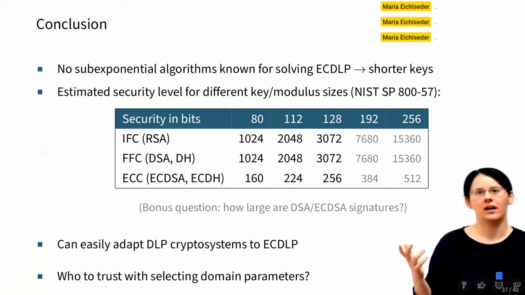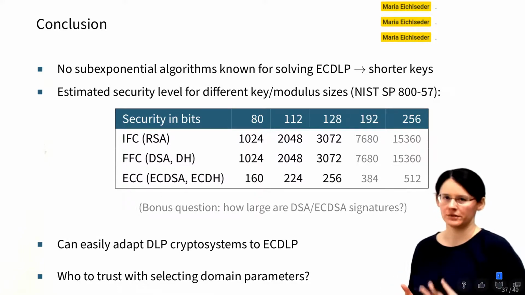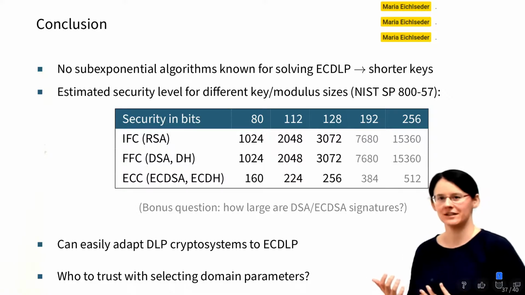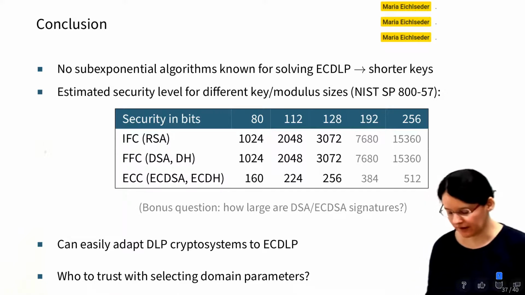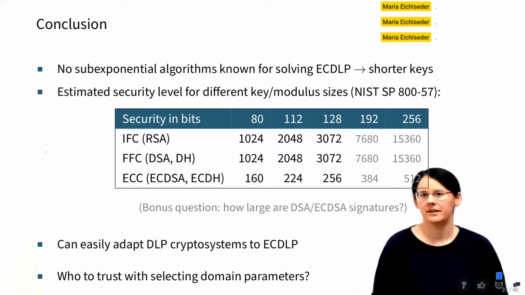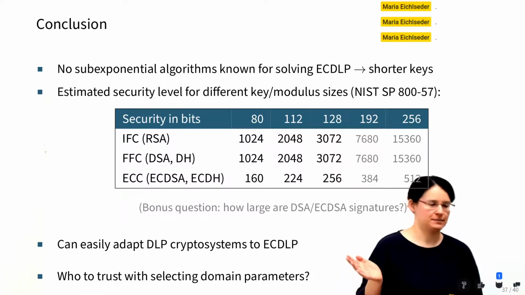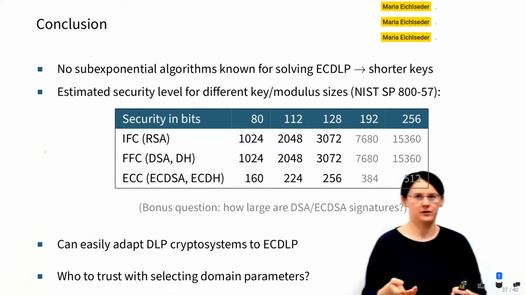And if we allow an entity to select these curves and we mistrust them, we think that they have more cryptanalytic knowledge than publicly available, and they could know about some weaknesses, they could build that into the curve, and the public doesn't know about it because they don't know the corresponding attack, then of course we would have an issue. And one of the ways that people try to work against this is by trying to generate the curves in a very transparent way.